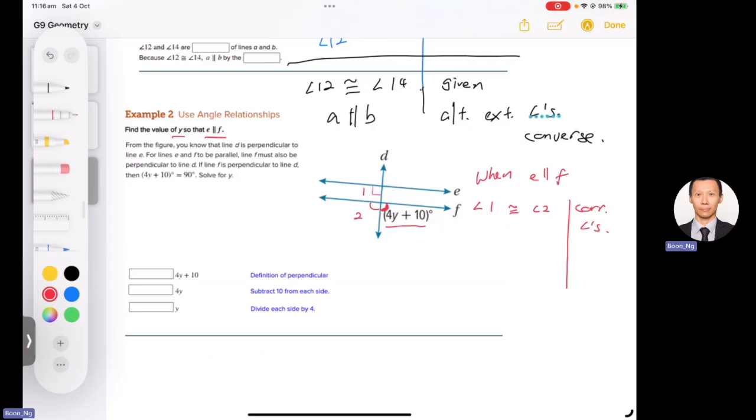Now we let this be angle 3. Angle 2 plus angle 3 will be 180. Reason, linear pair, or you can use supplementary.